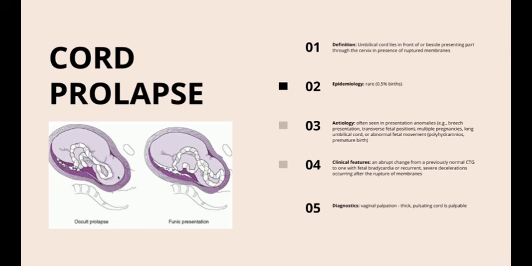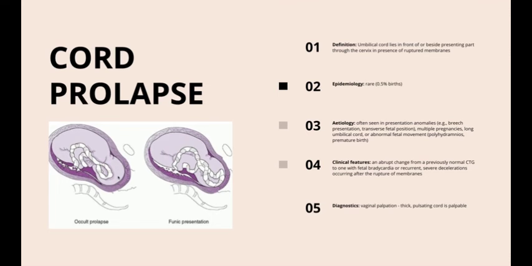Now, this is often seen in presentation abnormalities like breech presentation, transverse fetal presentation, if there are multiple pregnancies, twins, triplets, etc., or where there's some abnormal fetal movement due to too much or too little amniotic fluid, as well as premature birth.